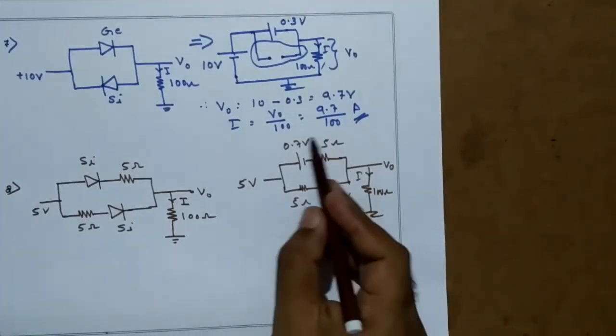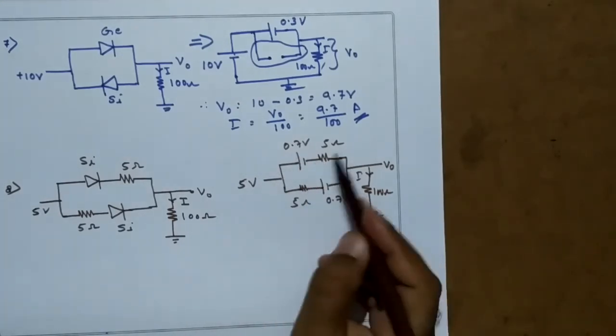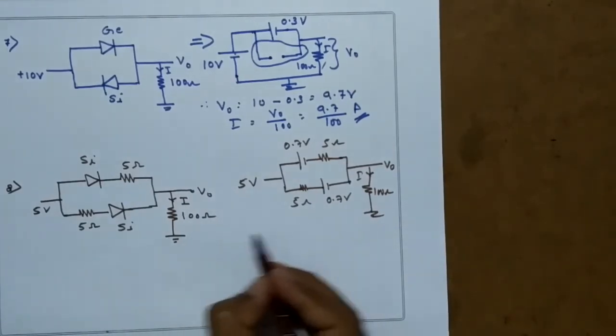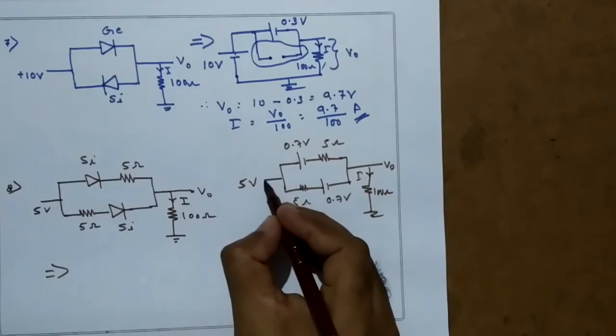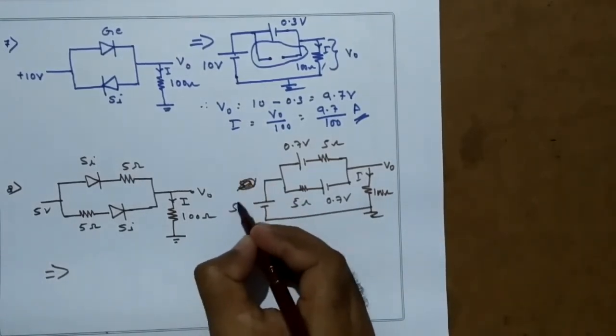Now here the two combinations are in parallel and even the same voltages. Therefore the voltage will be same. Therefore this will be equal to 5 volt. I'll write, if you have confusion, this is 5 volt.